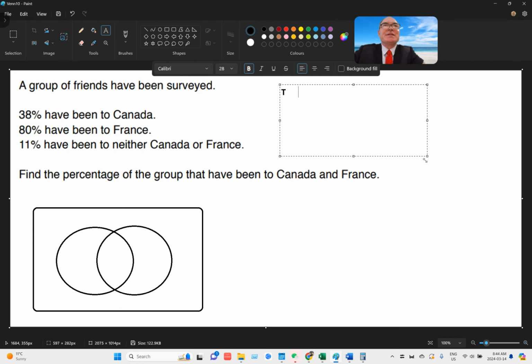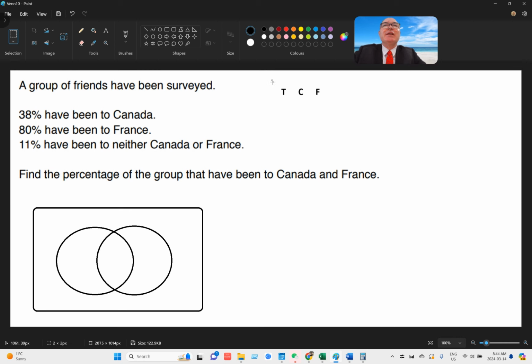Then I've got C for the number of people who have been to Canada, and my other set is F for the people who've been to France. So I'm going to place these where they should be. T is the total number of people, France is over here, and C for Canada is going there.